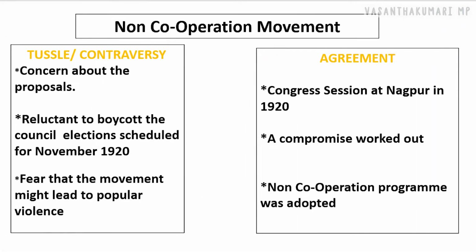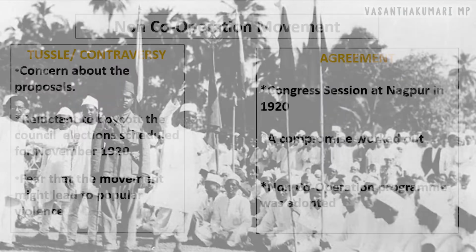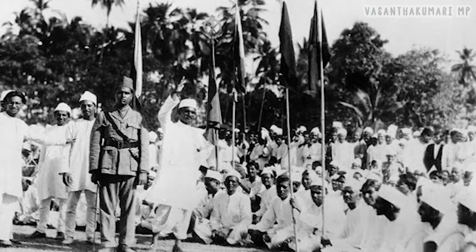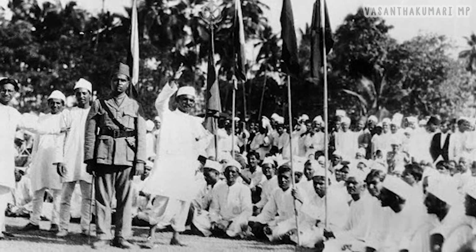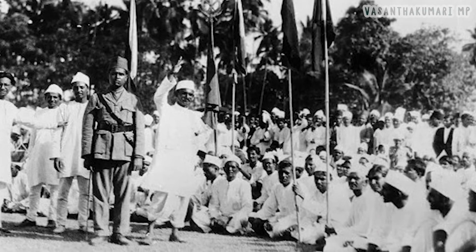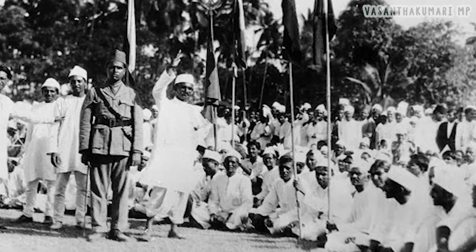Launching the movement was not hurdle-free. Leaders faced many obstacles. They addressed opinion differences, and through discussions they reached a consensus or agreement, and decided to launch the non-cooperation movement.